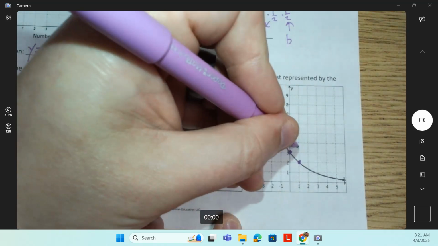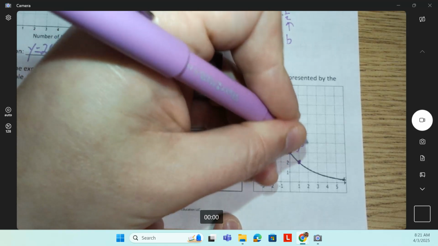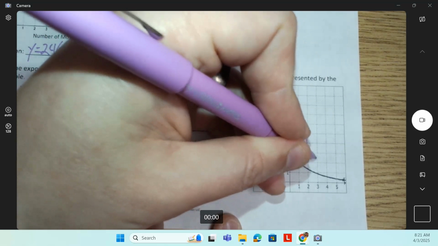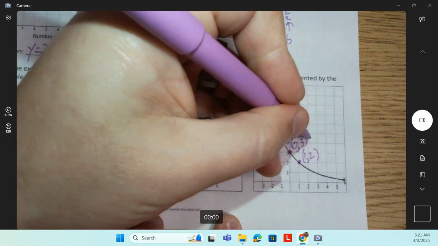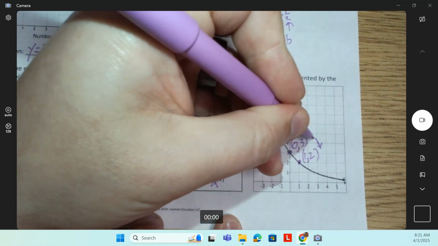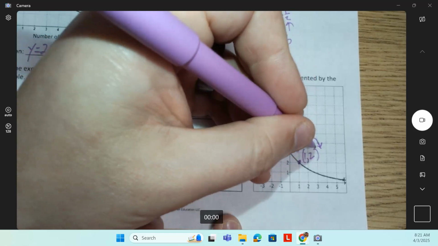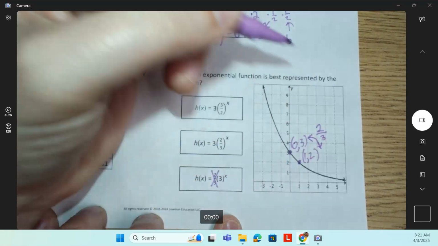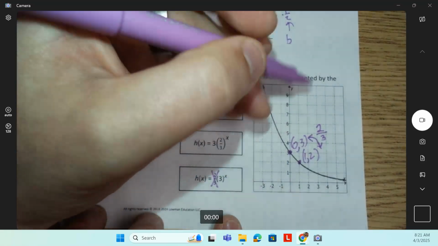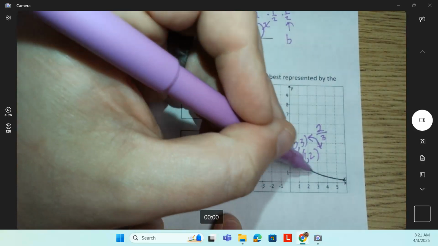So it's like I have 0, 3, and 1, 2. So what would I multiply this by to get to that? If I multiply it by 2 and divide it by 3, that would work to get me what I need.